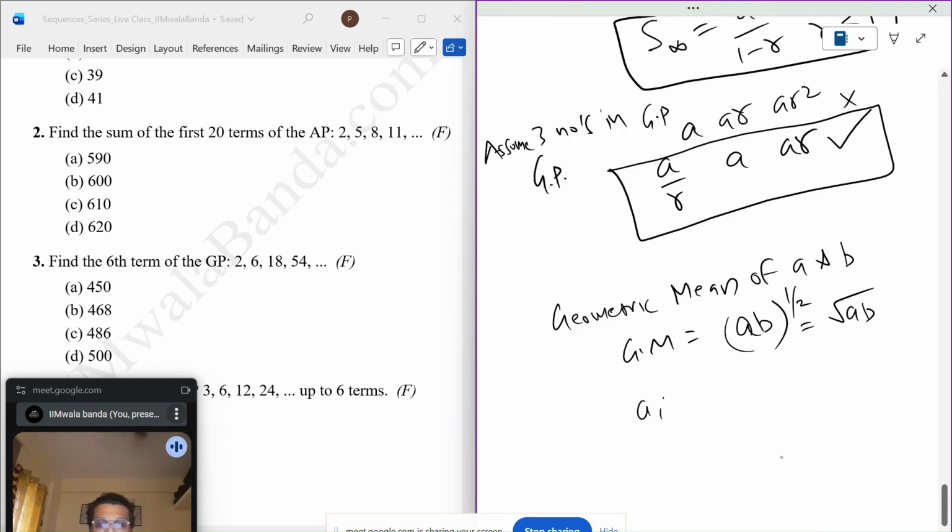Similarly, the geometric mean of a, b and c will be multiply a, b, c and put the power as 1 by n, or 1 by 3. So if I want to find the geometric mean of n numbers, then multiply a1, a2, up to an, to the power 1 upon n. So that is the geometric mean formula that we need to know.